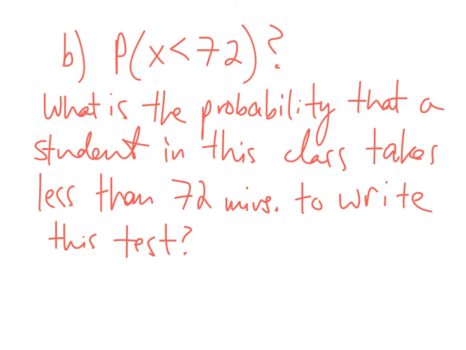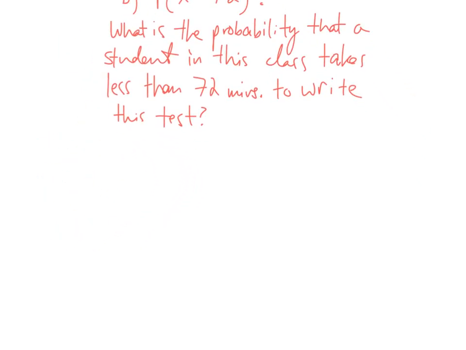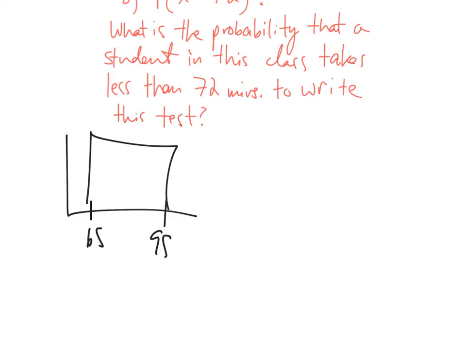Okay, so we consider that the uniform probability is 1 over 30, and we now, if we draw a little sketch on the side here, 65 to 95, the uniform distribution, the probability, that's the uniform probability for any given test time is 1 out of 30, and let's arbitrarily say that that's where 72 is, and if we close off our rectangle, it's this area that we're looking for.